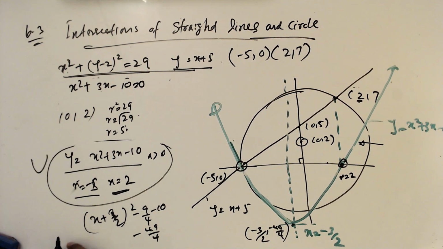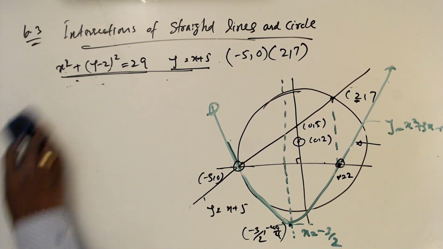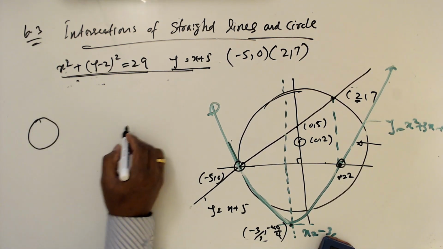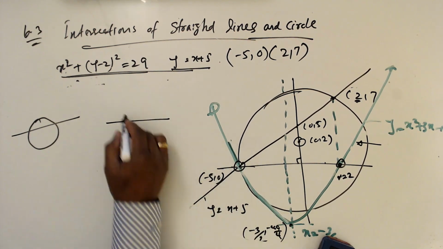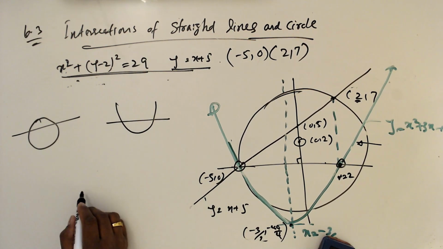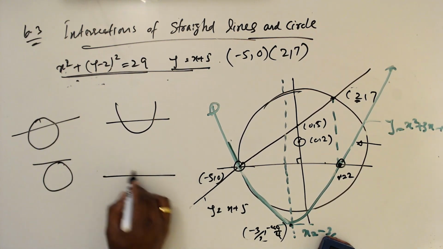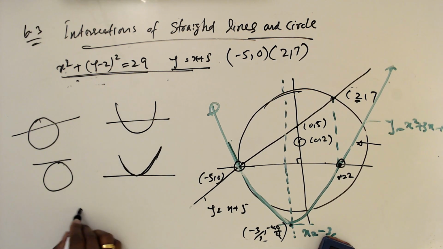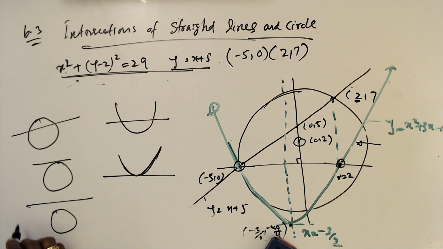So what is the conclusion now? The conclusion is this. This is a circle, and if there are two intersection points, meaning this green curve, there are two roots for that. If there is one intersection point, there is only one root. So it is touching the curve, and there are no roots. Sorry, it's this situation.